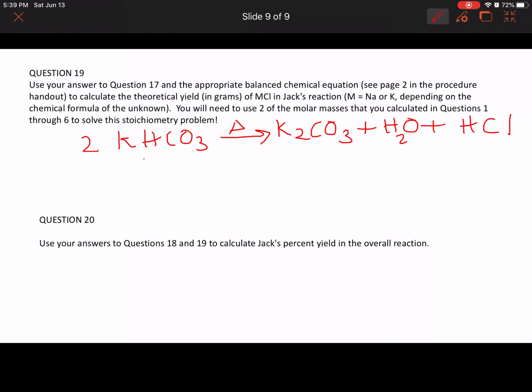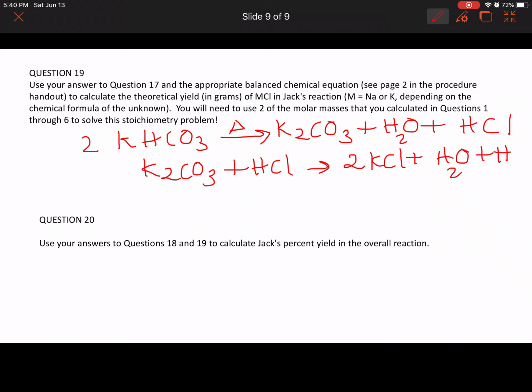Then you take that potassium carbonate, K2CO3, and add hydrochloric acid, that gives you KCl plus water and CO2. Also I mentioned earlier, before you start doing the pre-lab exercises, make sure you watch the video about the lab discussion because it explains these steps.